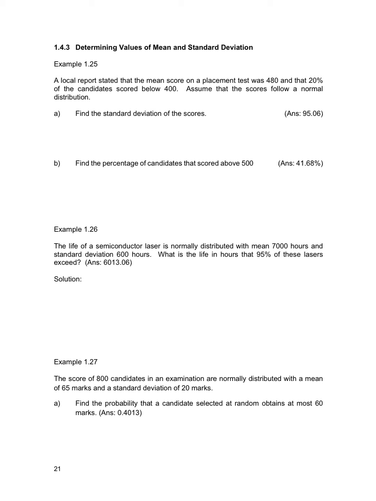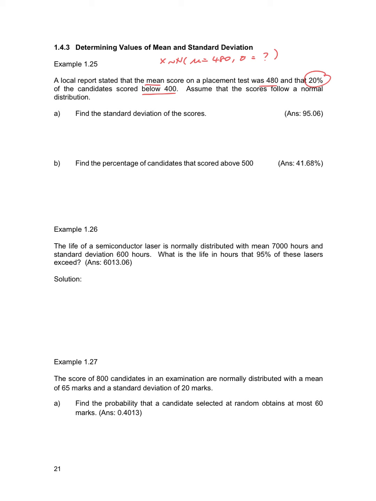Okay, so maklumat yang kita ada kat sini, kita ada mean 480. Okay, 20% score below 400. Okay, then kita dah ada value probability dia lah. Okay, so we can write X kita adalah score has normal distribution with mean equals to 480, but standard deviation is unknown.